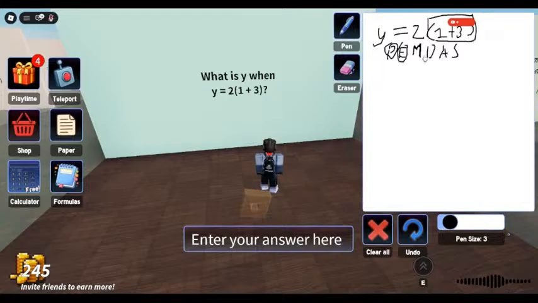We don't have any exponent here, so we skip. There's no multiplication, there's no division, there's addition, which is 1 plus 3, so y is equal to 2 times 4. Now we do 2 times 4, y is equal to 8.